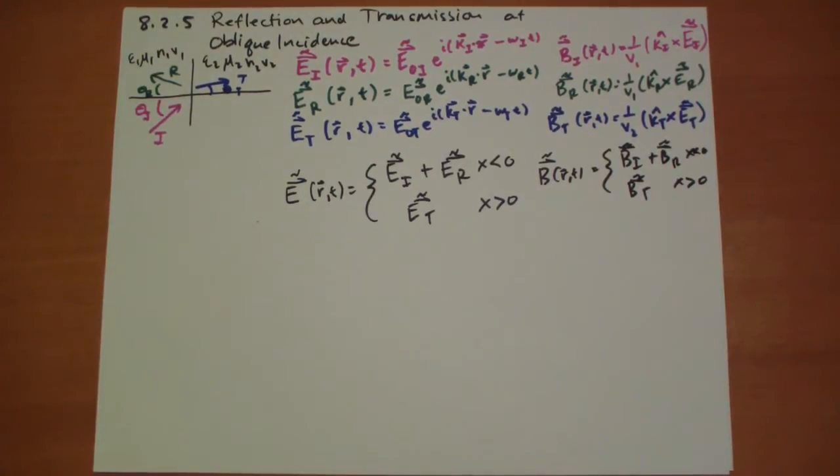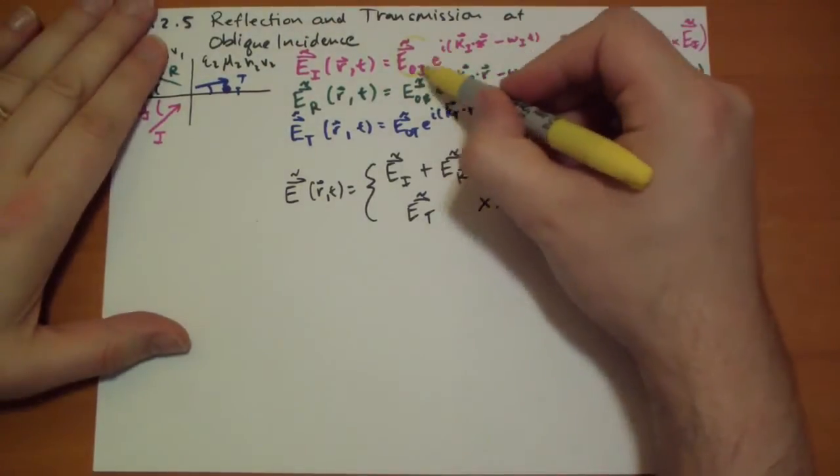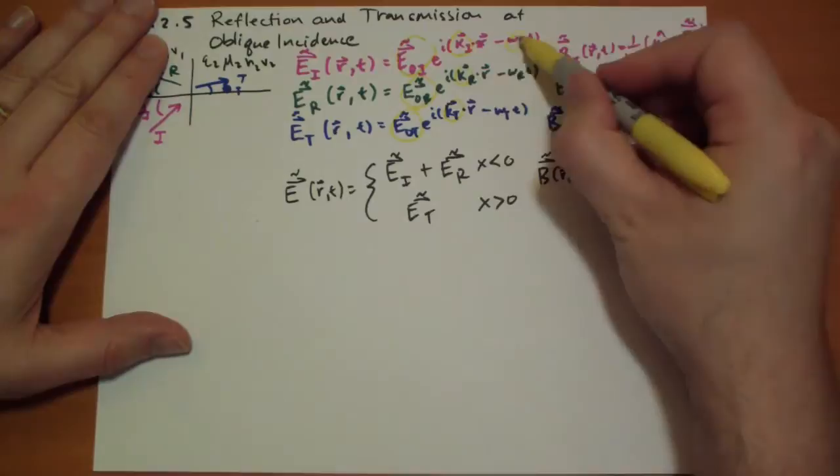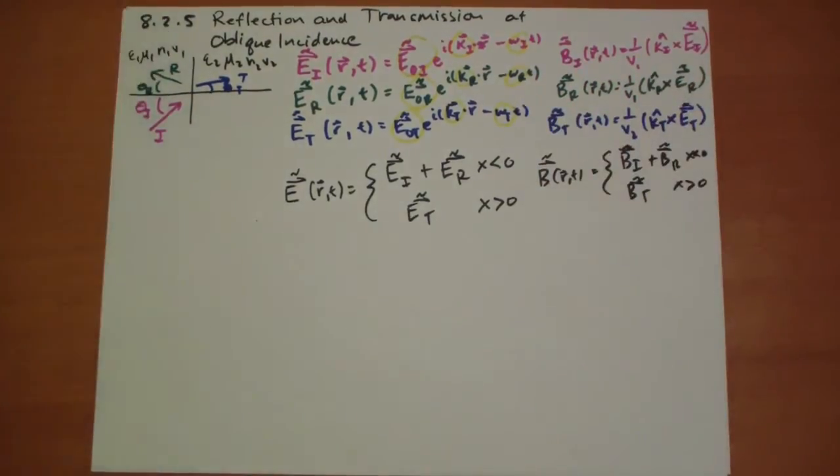So all we have left to do is find these nine constants: 1, 2, 3, 4, 5, 6, 7, 8, 9.